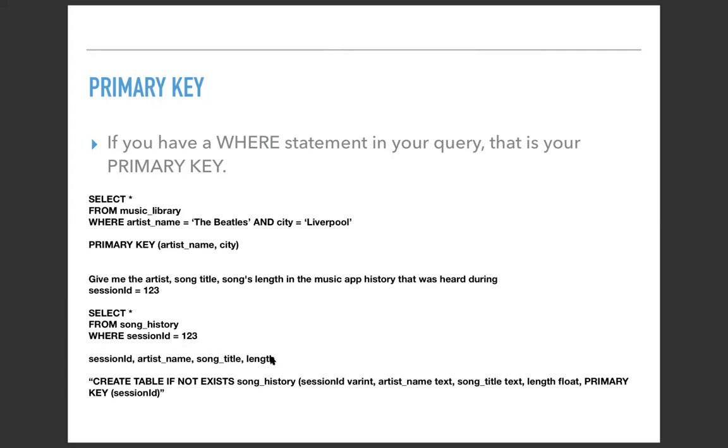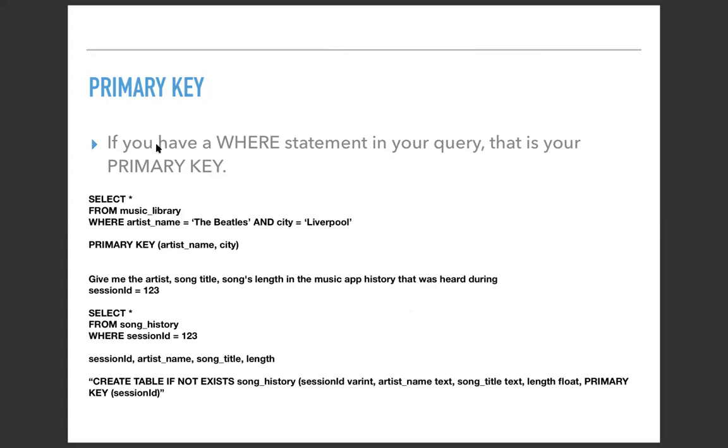Now I'm going to write an example of what this query will return. So we'll return the session ID, the artist name, the song title, the length, and that's it. So when I write my create statement, it would say create table if not exists song history, and my columns would be session ID, and I can define the data type, then the artist name and the data type, then the song title and the data type, the length and the data type.